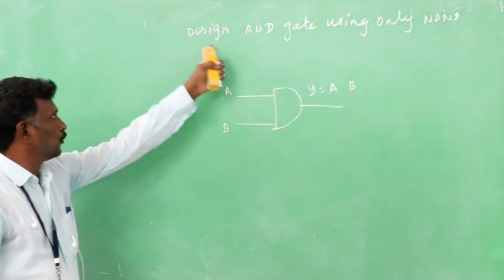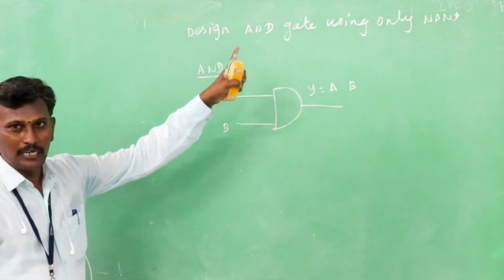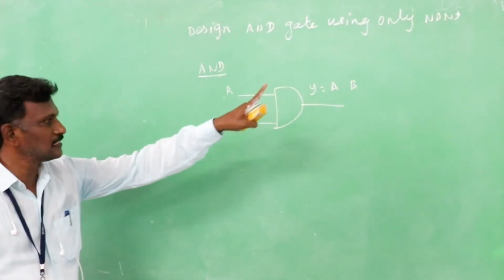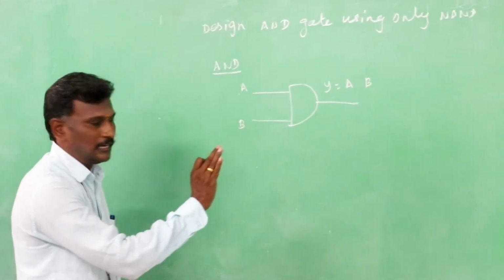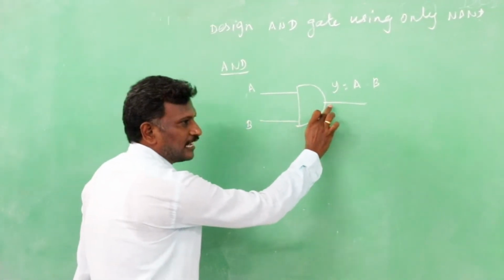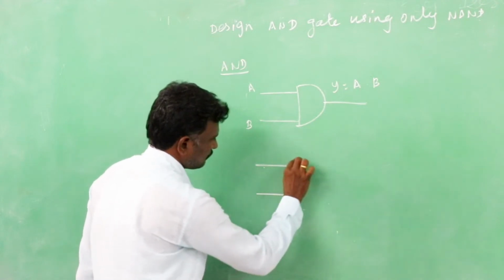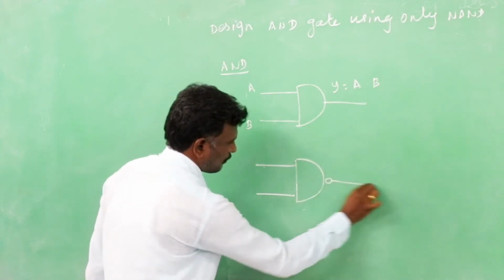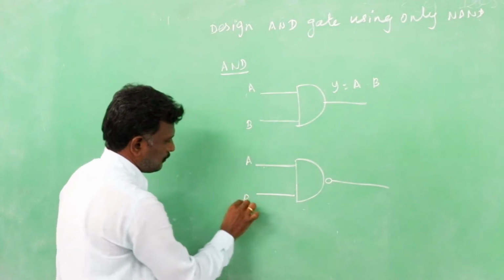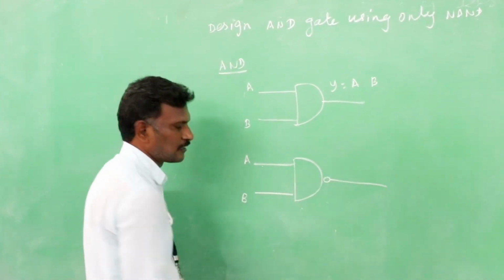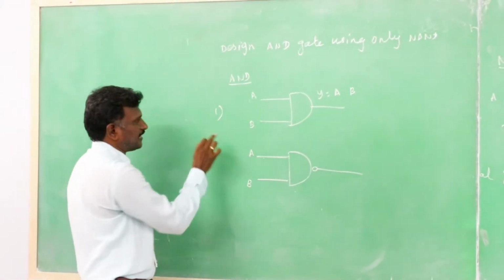To design the AND gate using only NAND gates, you just add a bubble at the output side. First step, draw the actual diagram.